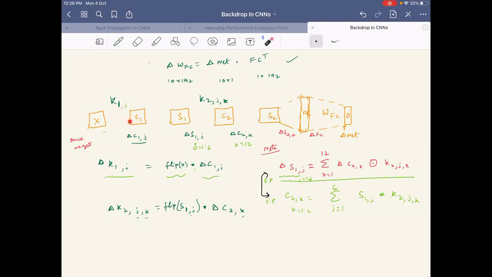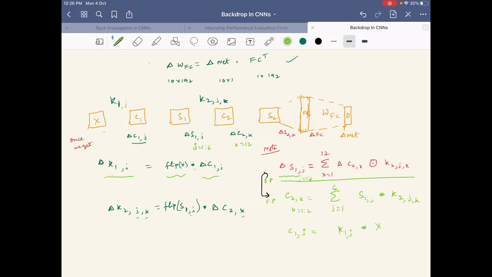Similarly, now if we come to the layer ahead, that is the first convolution map, let me write the forward pass first here. C1 comma J is obtained by K1 comma J and then the convolution operation with X. This is how we have got the J maps through the convolution operation.